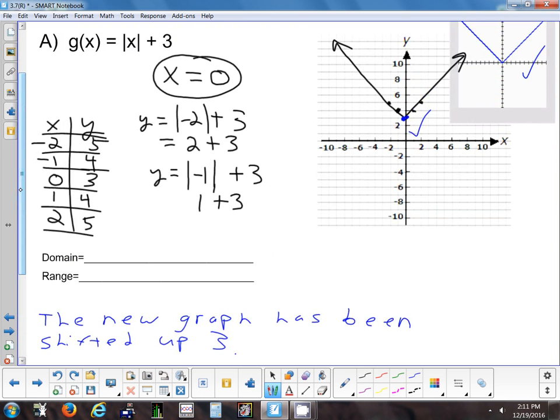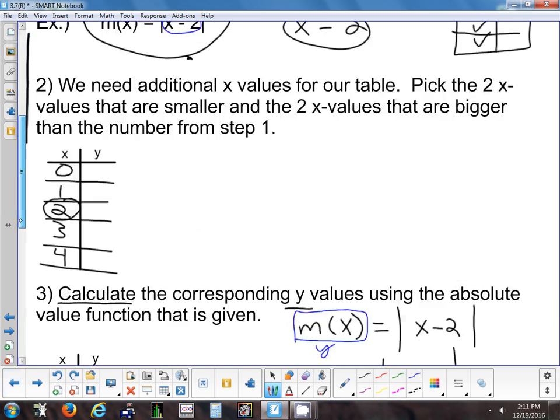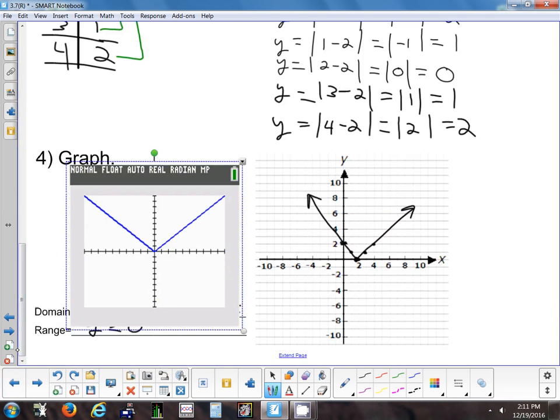Okay, so this one moved up. What direction did the last one move? Did it move up and down? How did the last one move? It moved, Shannon? Yeah, the last one moved to the right.